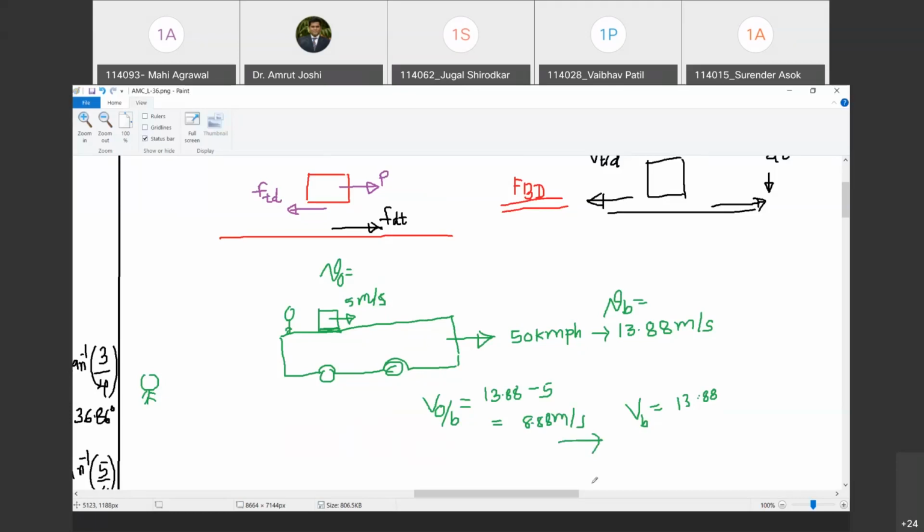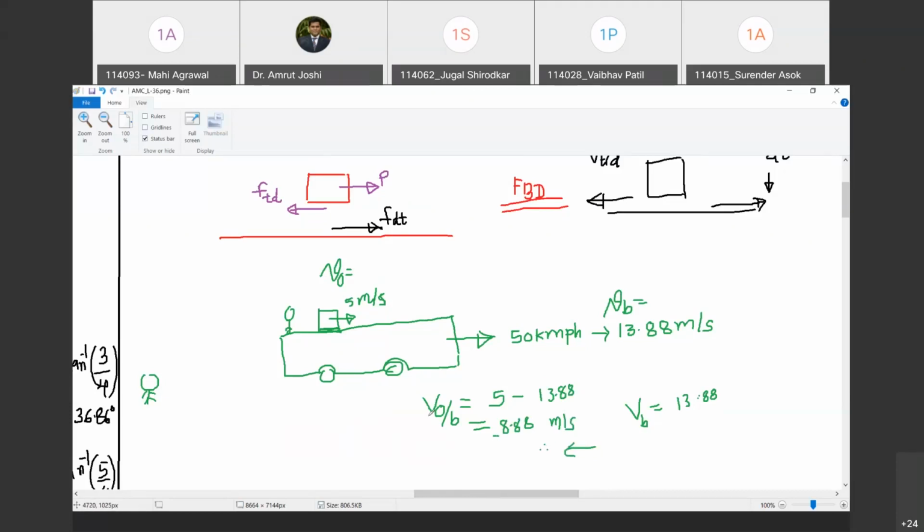So still the bus is moving. Oh, I am sorry, it is the opposite. 5 minus 13.88. So how much is it? 8.88 meters per second, and it is negative, therefore it is towards this.